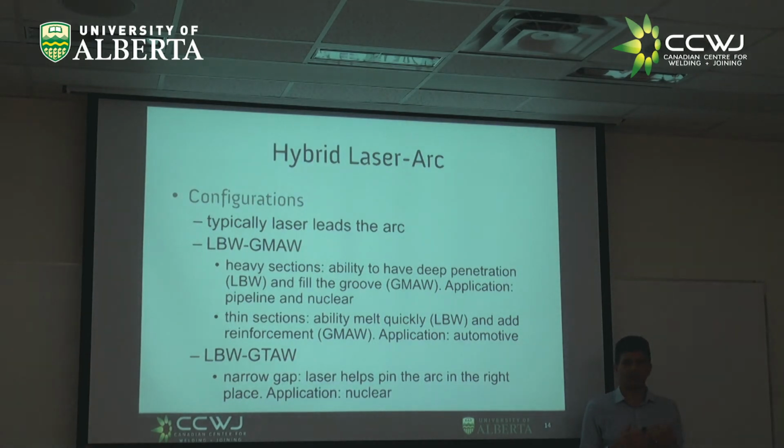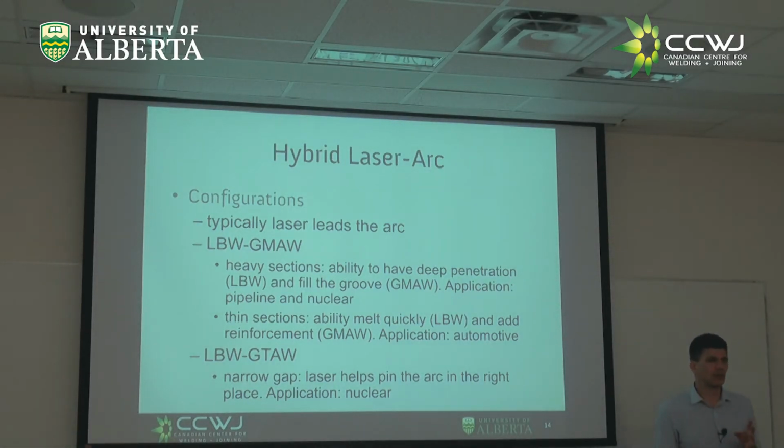That's a case of automotive industry. So what they do is they come with a laser and they follow up with a wire. So now they can put as much wire as they want, but the melting is very localized and done by the laser, and you can go super fast, right? Laser hot wire is very commonly used in automotive industry.